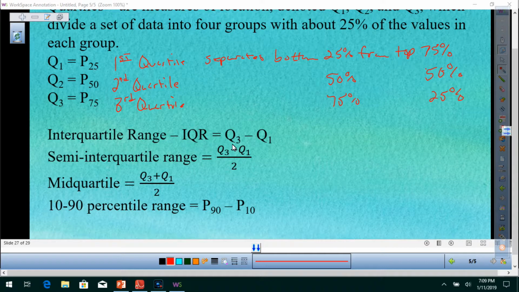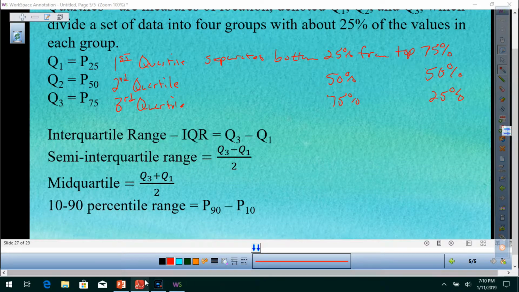That's another statistic that is sometimes used. The semi-quartile range is Q sub 3 minus Q sub 1 divided by 2. The mid-quartile range is Q sub 3 plus Q sub 1 divided by 2. And the 10 to 90 percentile range is P sub 90 minus P sub 10.